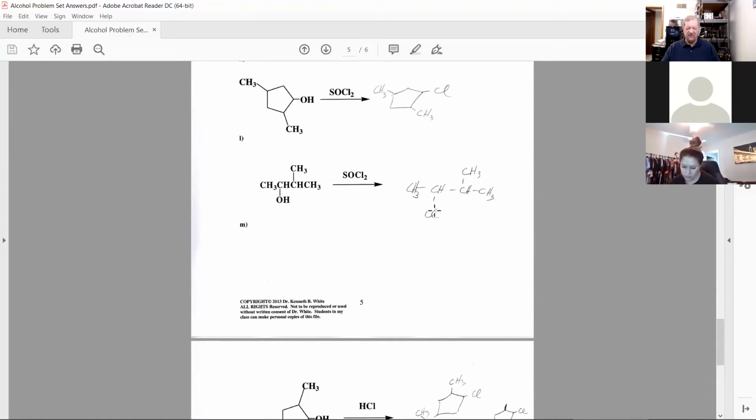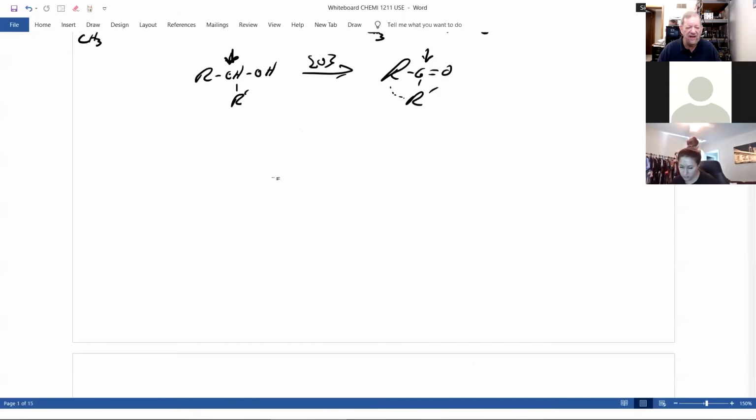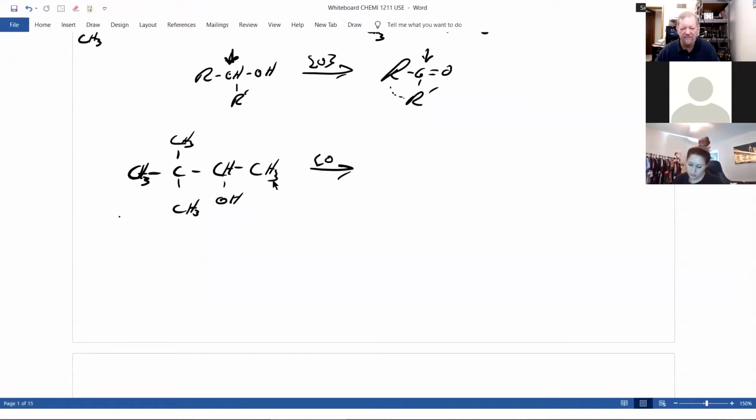It's only chlorine with this reagent. And why don't you try this one? What would be the product or products for the following?